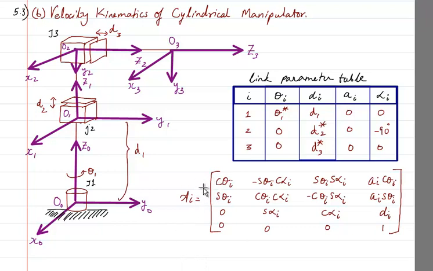based on that we will get the A1, A2, A3 matrices. I'm not going to repeat the same thing here because the forward kinematics of the cylindrical manipulator has already been discussed. So based on this manipulator structure, we get the values of A1, A2, A3 from this link parameter table and this matrix.